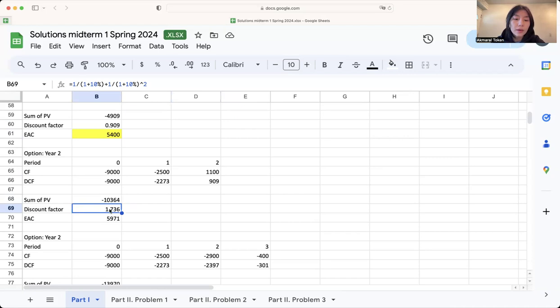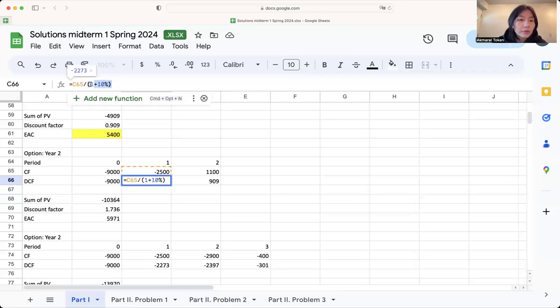So basically, this is the denominator of these discounted cash flow numbers. For instance, if you take this 1.1 for the discount factor, you're only going to include 1 divided by this figure. And for the second year, you include 1 divided by this figure.